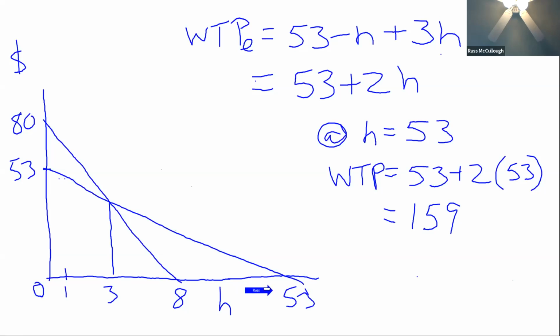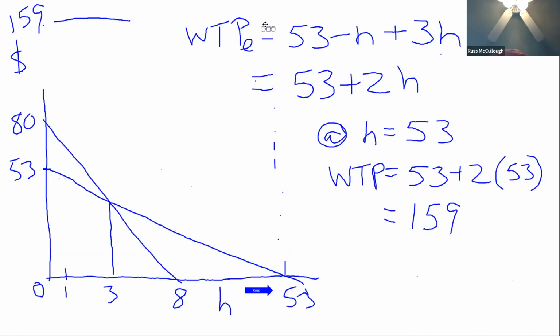So at 53, we're going to go way up to 159, which is almost off the charts here. So let me throw the chat box over here. We're way up here.